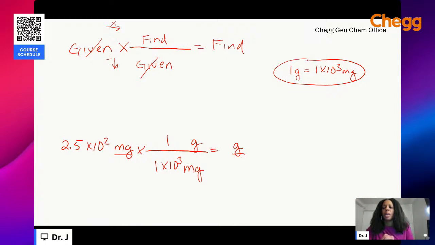Okay. And so now when it comes to typing this in your calculator, this is where it's going to be dependent on what kind of calculator you have. All right. And so most calculators have either an EE button or an EXP button, or maybe even an X times 10 button.